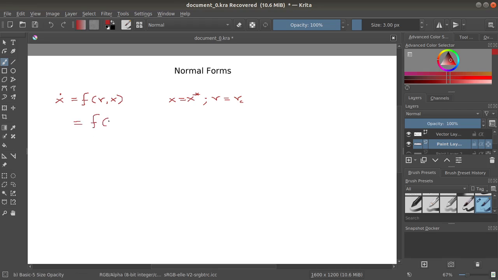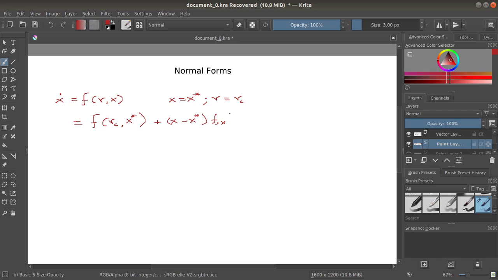F of r critical comma x star, right, plus x minus x star into f comma x, where f comma x represents dou f by dou x.